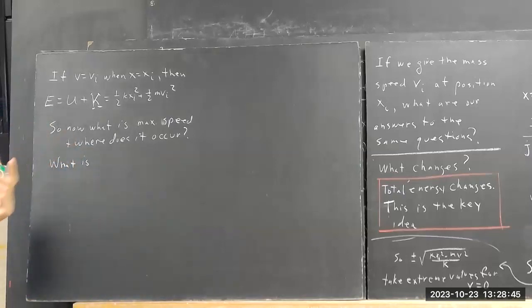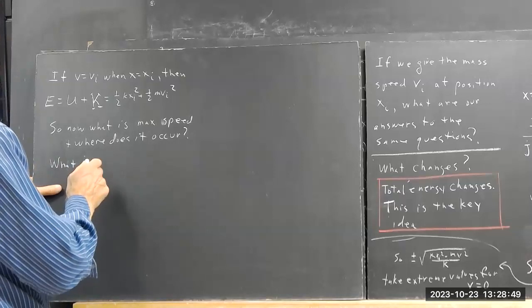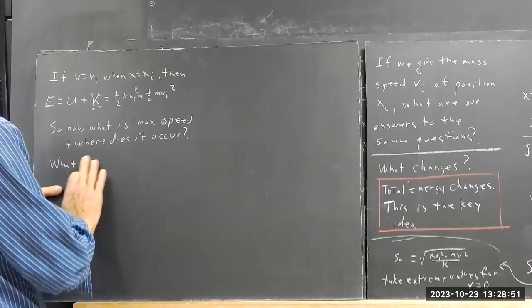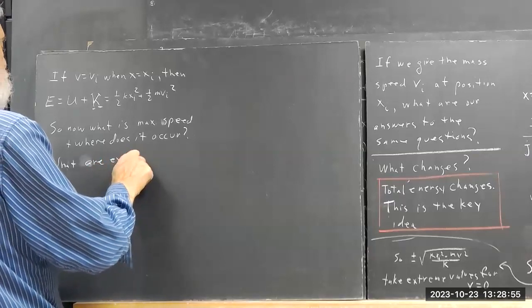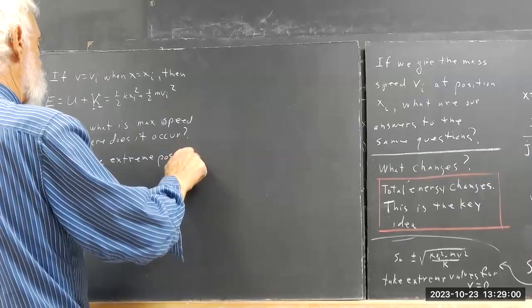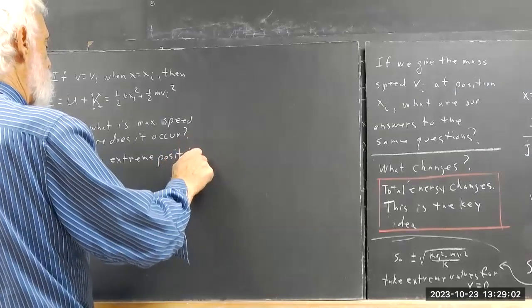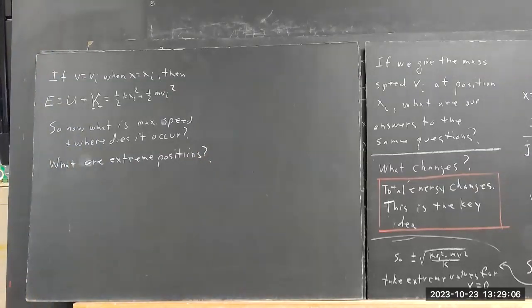Now, what's the maximum speed and where does it occur? What are the string positions?